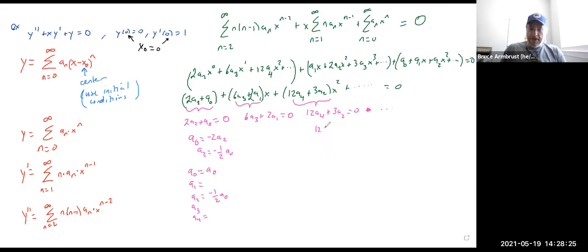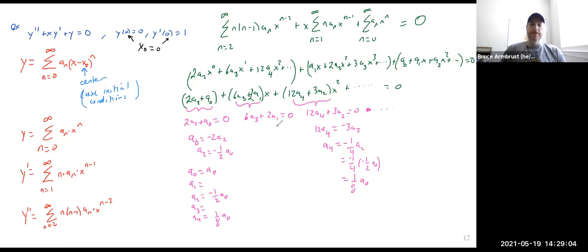I really wish my pen knew how I like to draw my 4s. So 12A4 is equal to minus 3A2. So A4 is going to be minus 1/4 A2. Well, if A2 is minus 1/2 A naught, that tells me A4 is going to be 1/8 A naught. All right, so at least so far, this is what we know.